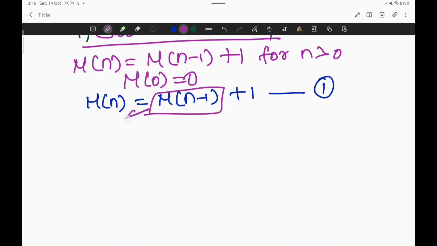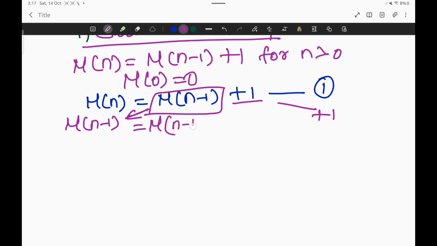Now we want to find the value for M of n minus 1. In the place of n, we need to apply n minus 1. The plus 1 will remain the same. Why? Because in the first equation we are going to apply n minus 1 alone, and the whole thing will be replaced.